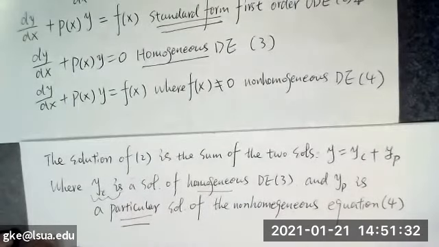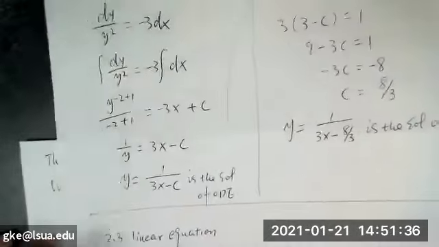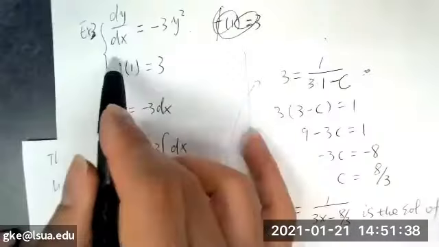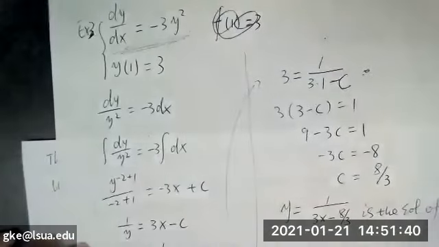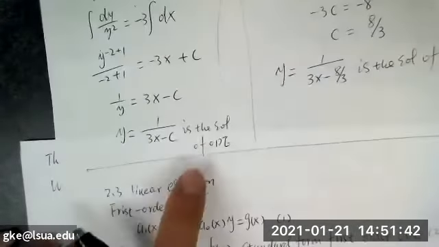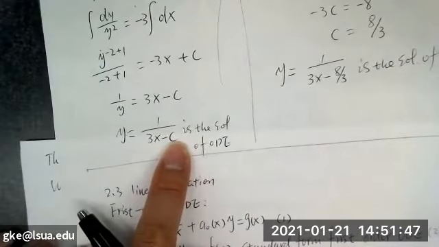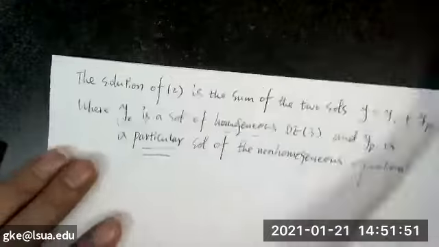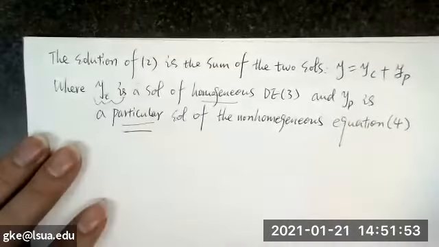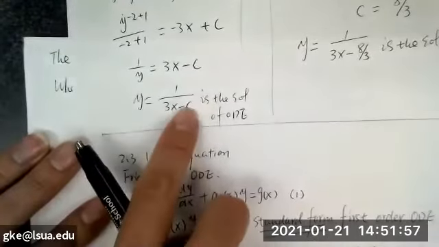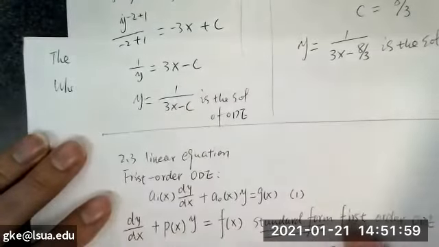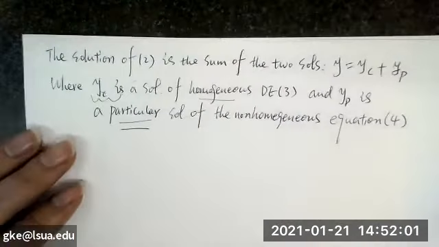Do you understand? For this ODE, we have infinitely many solutions because C can be any real number, right? So a particular solution means you just pick a specific solution. For example, I pick 1, 3, or 4, 5, whatever. That is a particular solution, okay?